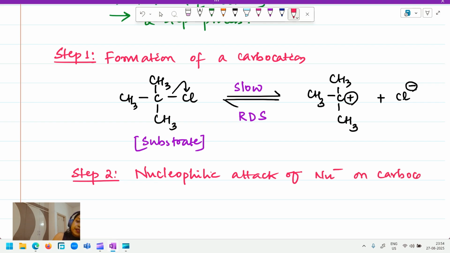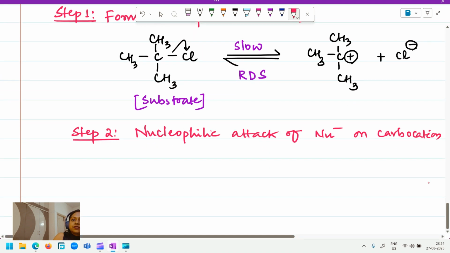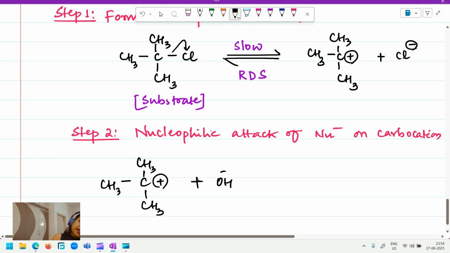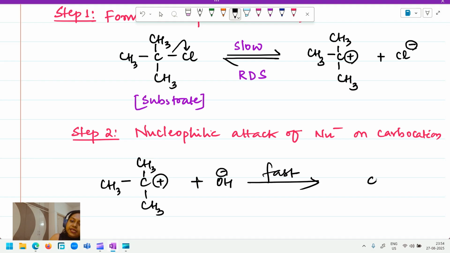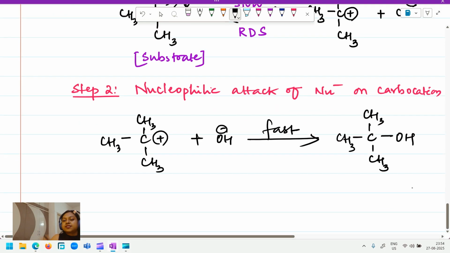So now we have our tert-butyl carbocation, (CH3)3C plus, and then the new nucleophile, which could be hydroxide. This step is usually very fast, happening rapidly because of electrostatic attraction between negatively and positively charged ions. So this forms our new product. Was this completely clear? Any question on this?